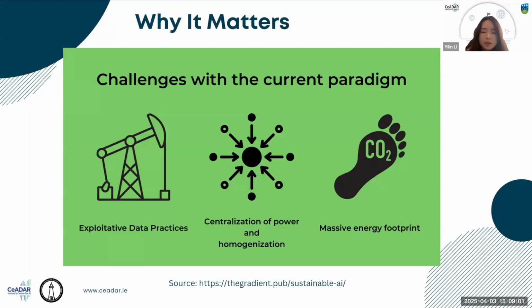That means carbon dioxide emissions and more harm to the environment. So sustainable AI tries to fix them, like by using data responsibly, by supporting open access and fairness, and by building AI that uses less energy.